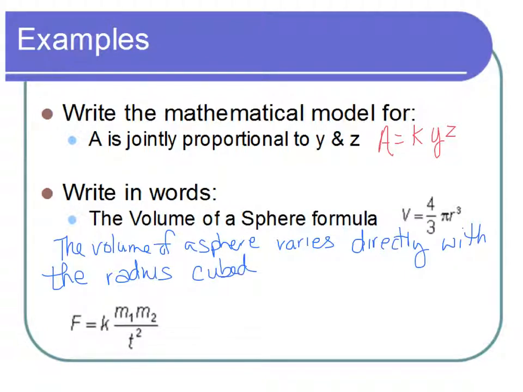So if you're going to do something to that variable, be sure you express that in your sentence. And then I always like to put in parentheses afterwards and specify what k equals. So in this case, k equals 4/3 pi. That's what we call the constant of variation.